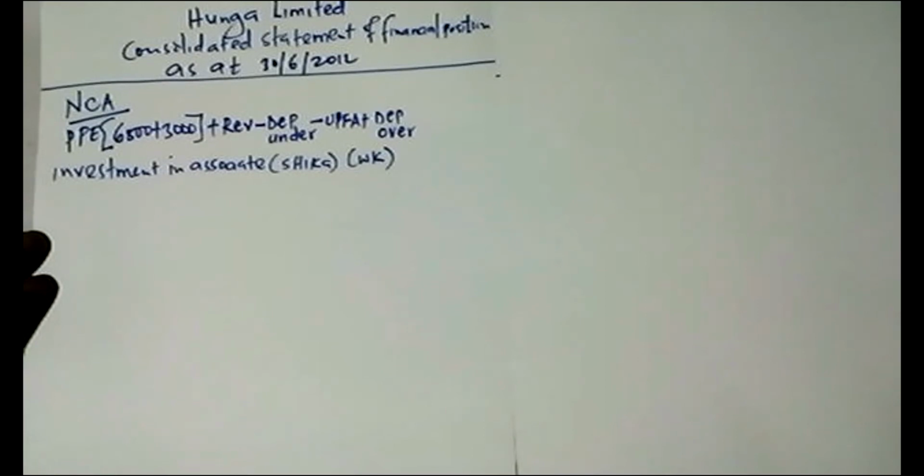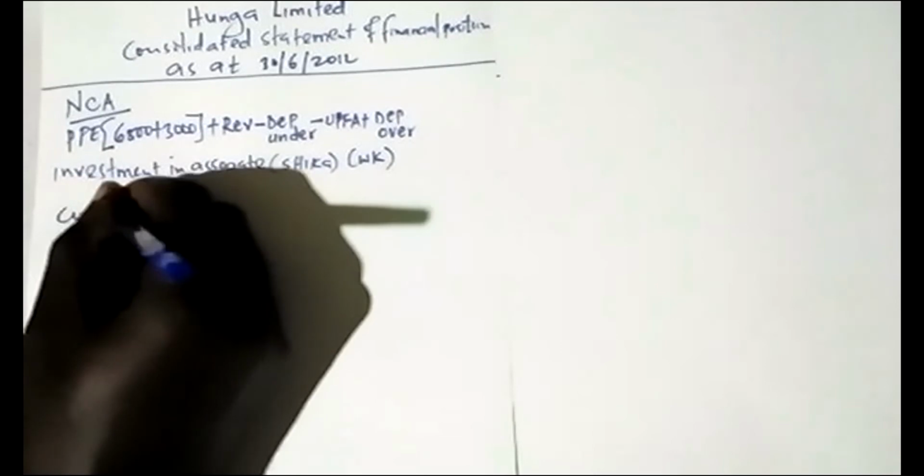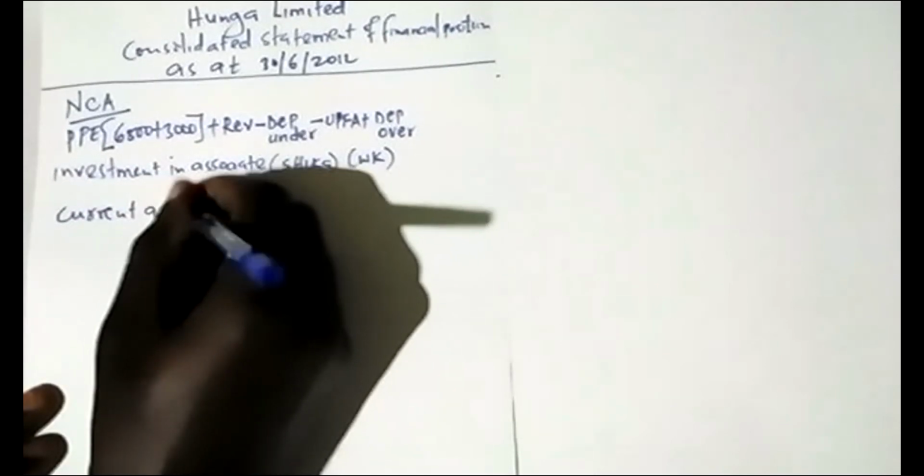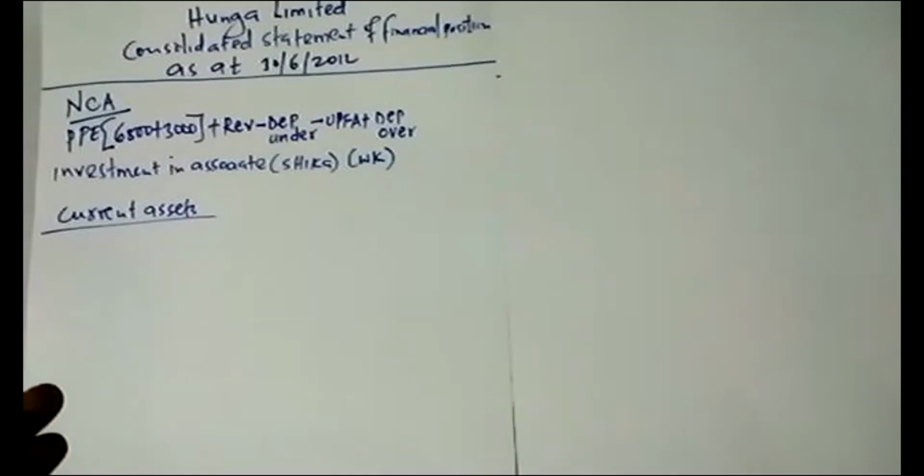Then after that, I have to move to other items. So we will be moving downwards. After that, we are done with the non-current assets. We move to the current assets. So under the current assets, I will take my inventory.